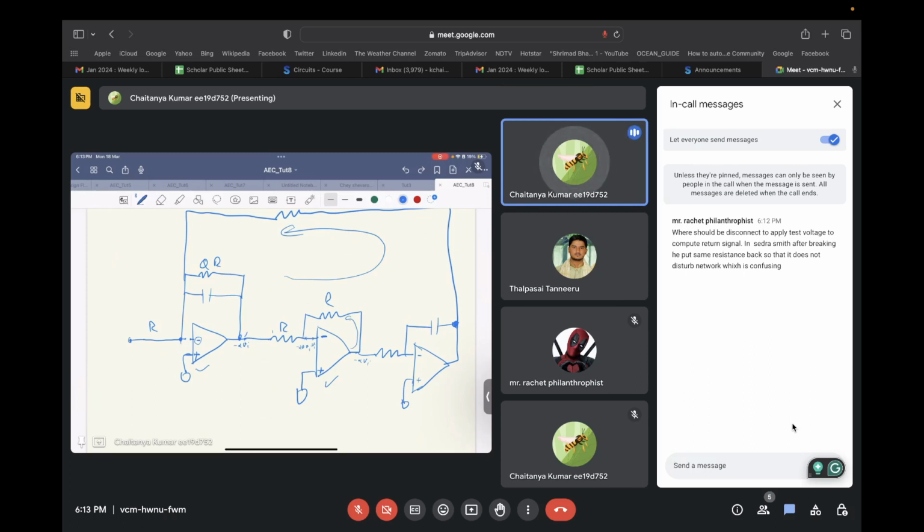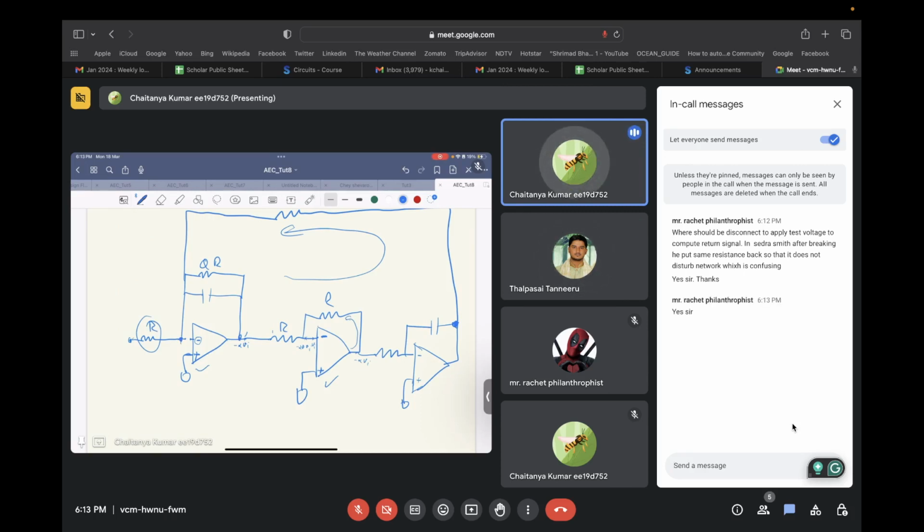You can ignore, for example, this resistance over here. Whether it is there or not doesn't matter, it won't change the sign of the feedback.